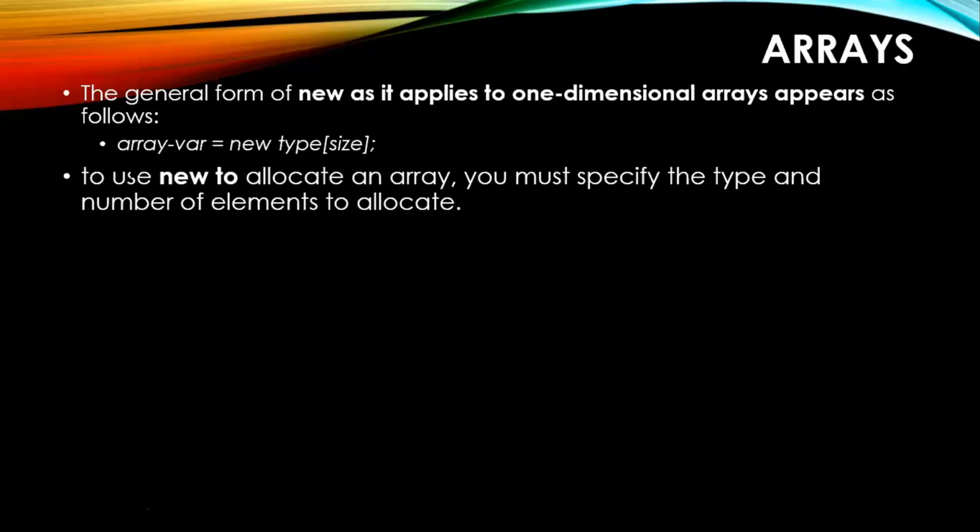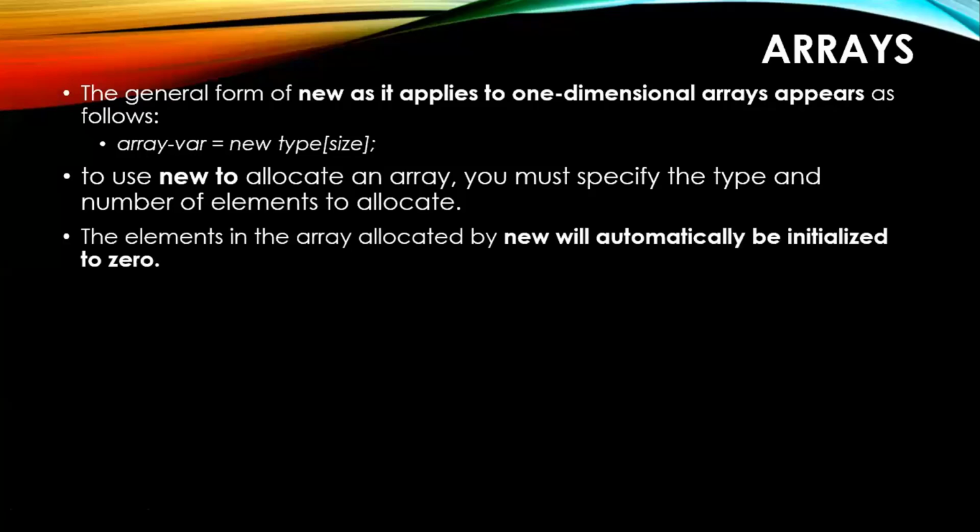After executing this particular statement, there will be a physical existence of the array for you. Once a physical existence is available, you can use that array in a normal fashion. When you use the new keyword, it will allocate this much size of array for you, and all the elements of that array will be initialized to 0.